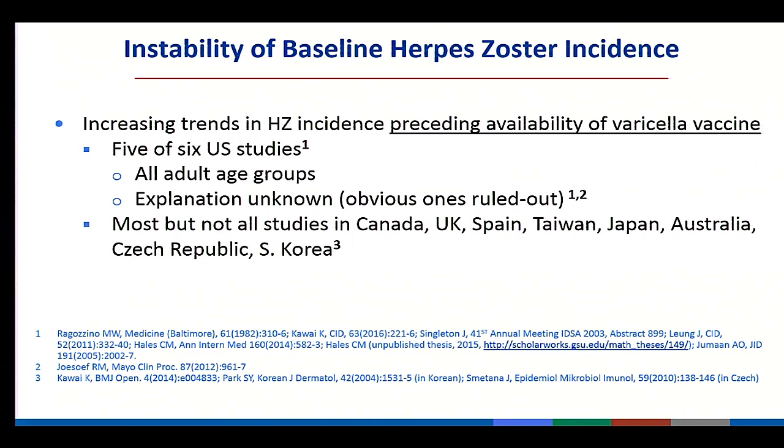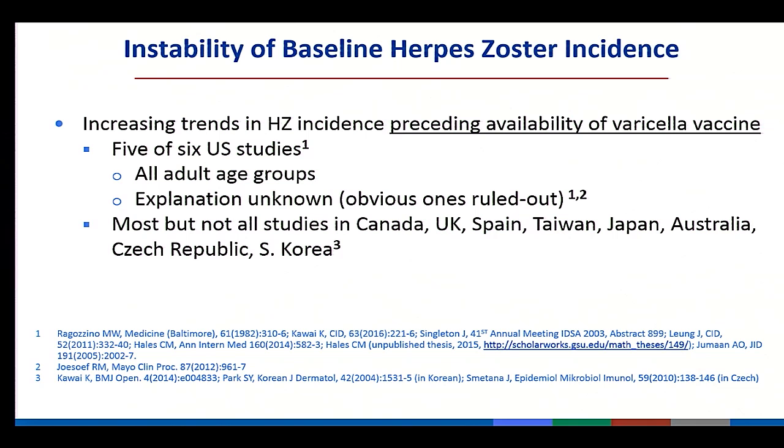There's another major unknown about zoster. The incidence of zoster has been increasing for years to decades preceding the availability of varicella vaccine. This has been noted in 5 of 6 U.S. studies, and it involves all adult age groups. The obvious causes have been pretty much ruled out for these increases, and we have no explanations.